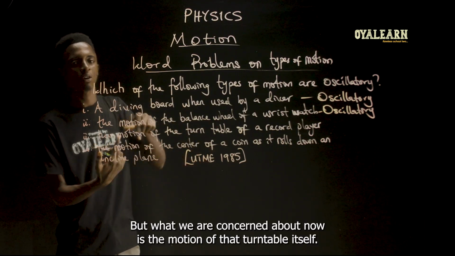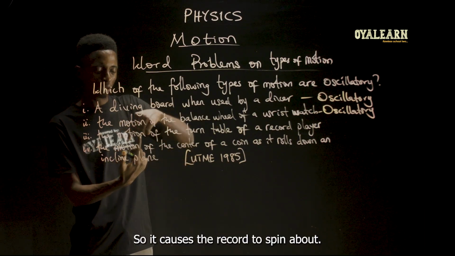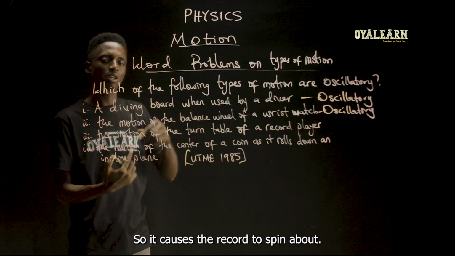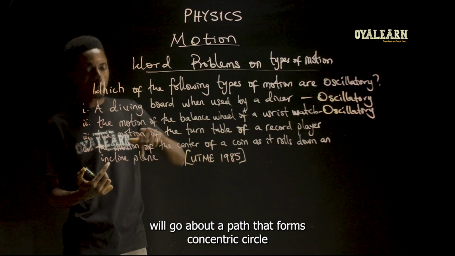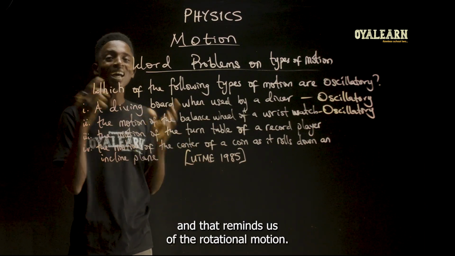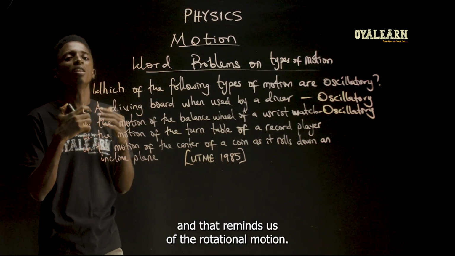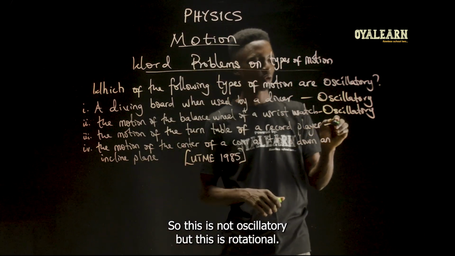But what we are concerned about now is the motion of the turntable itself. It causes the record to spin about, and every point on that turntable goes about a path that forms a concentric circle. That reminds us of rotational motion. So this is not oscillatory, but rotational.